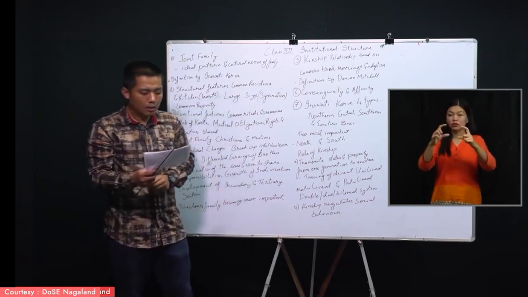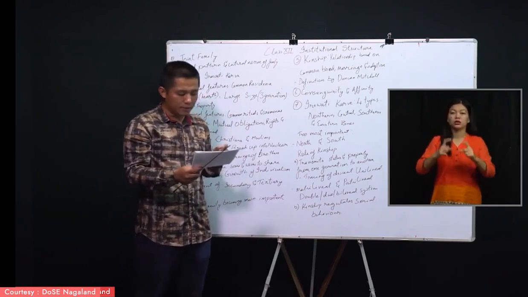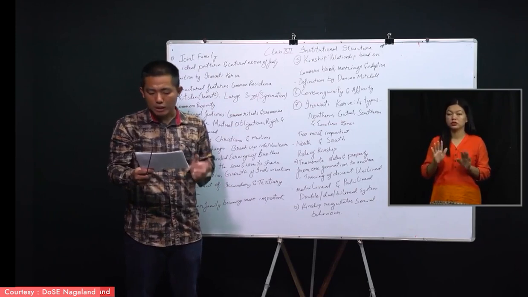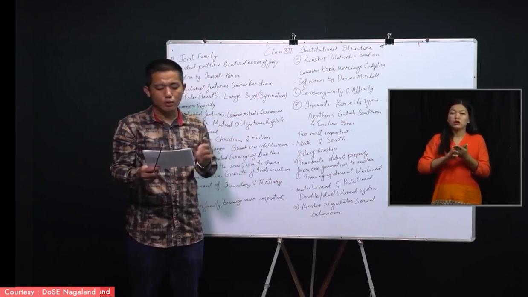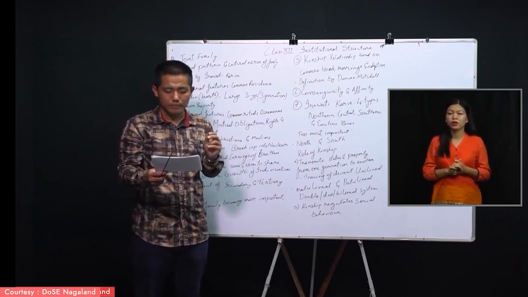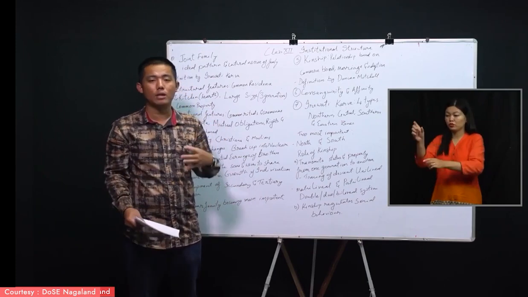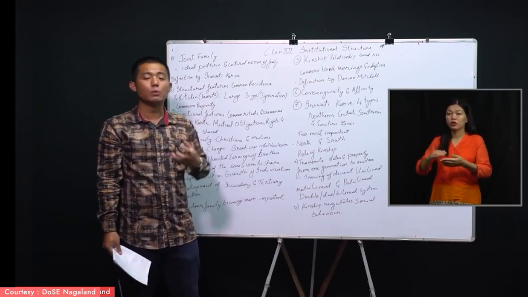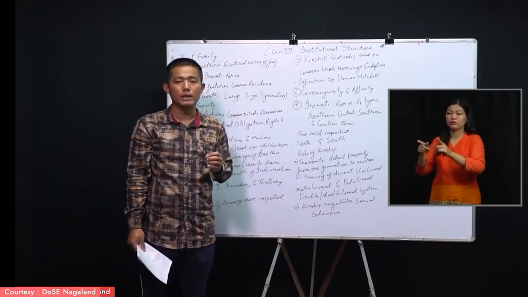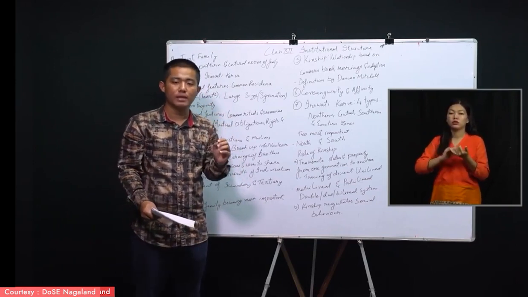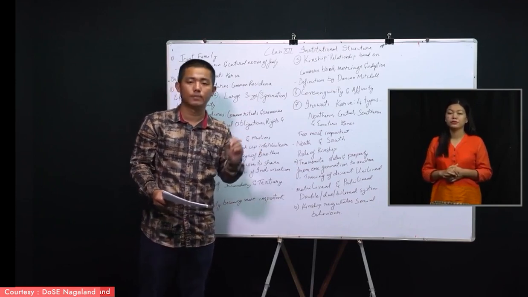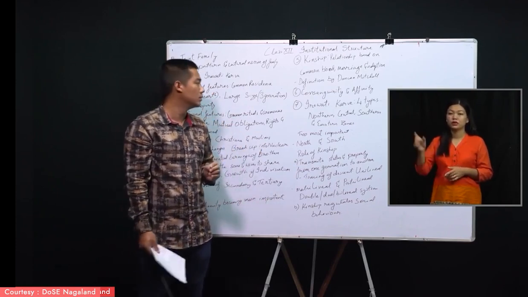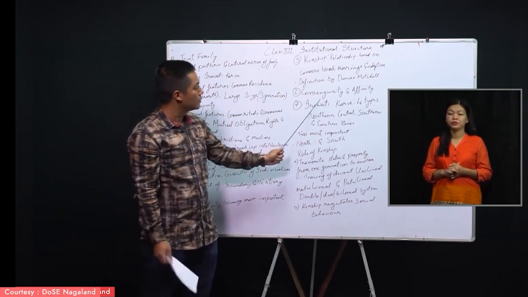The definition he has given is, when we use the term kinship, we are referring to people who are related by consanguinity and affinity. Those people who are related by consanguinity and also by affinity is what is meant by kinship, according to Duncan Mitchell. So, what is consanguinity?